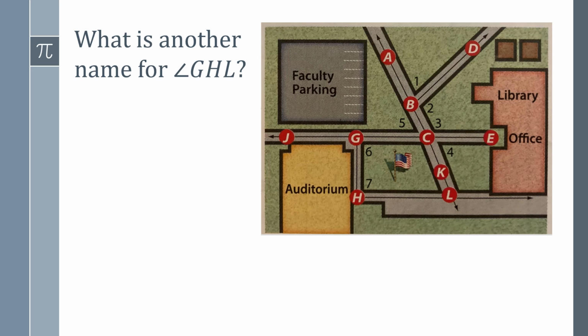Okay, what's another name for angle GHL? So we go to G first, and then we go down to H, and then we go to L. So that's this angle right here. Go ahead and see if you can come up with another name for angle GHL.